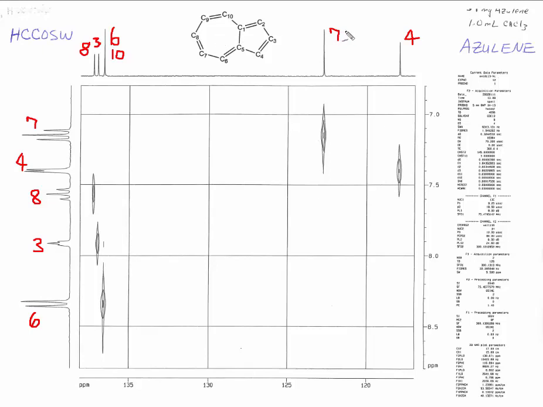So 6, 10 for that. This 7 would also be 9. And this 4 would also be 2. So we use the correlation spectrum to assign the carbon peaks. Now there's one peak that's still missing here, and by process of elimination we know that that has to go with the C1, C5, and so we can go back and make that assignment in the original spectrum.